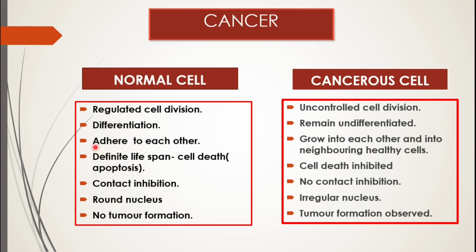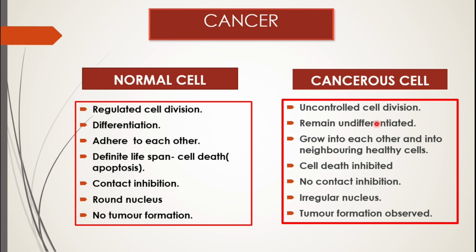Now, how do we differentiate a normal cell from a cancerous cell? A cancerous cell does not show regulated cell division. It is an uncontrolled cell division. There is no regulated kind of cell division, but it is totally uncontrolled. And once the cells have divided, they still remain undifferentiated.